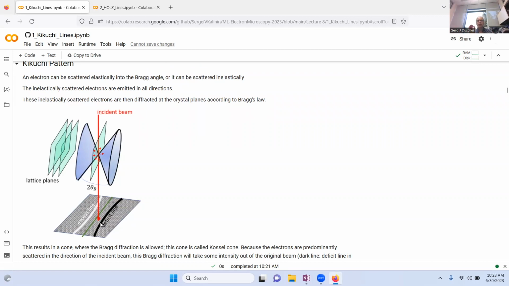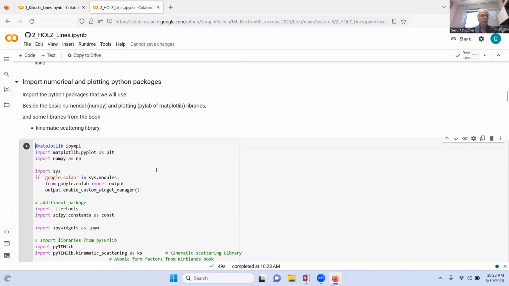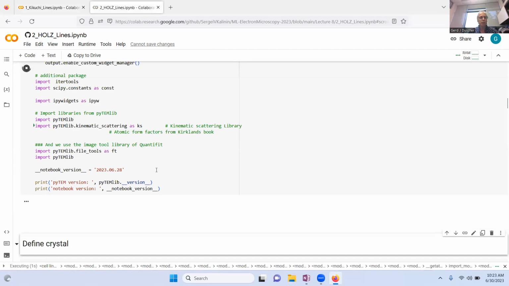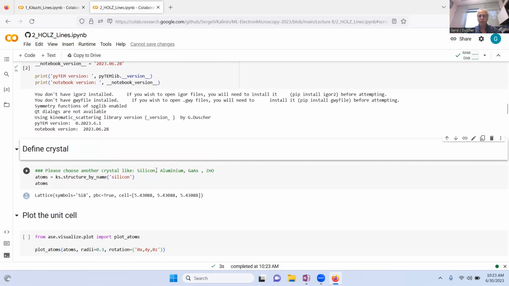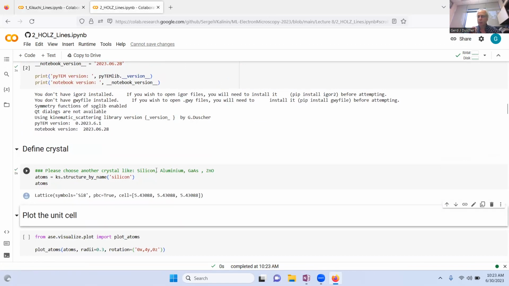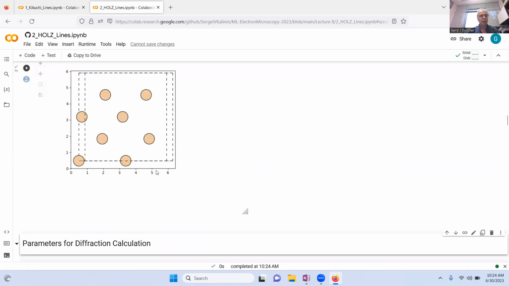This deficient line is now no longer related to a very short Bragg peak, but to a really, really huge one. And it will show up in our zero disk. That's what we want to see. And that is super precise if you want to determine any kind of lattice parameter, especially if you want to determine any kind of strain. And as we said, we can do that locally.